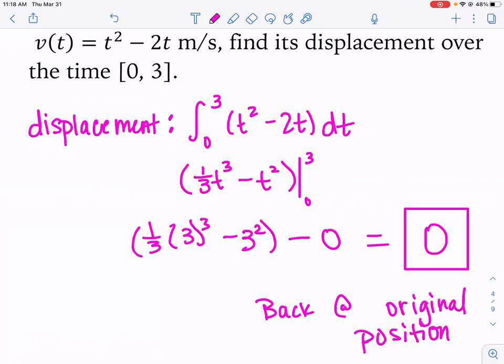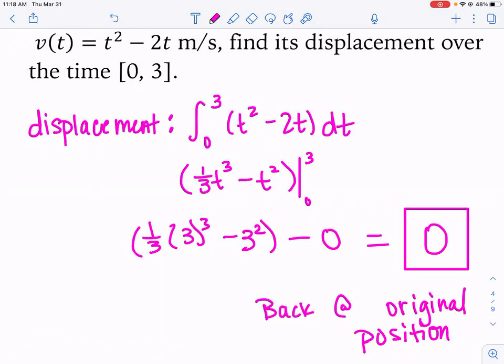We don't have to know anything about initial conditions in order to figure out what our displacement was. So wherever we were at time 0, we are back there at time 3.